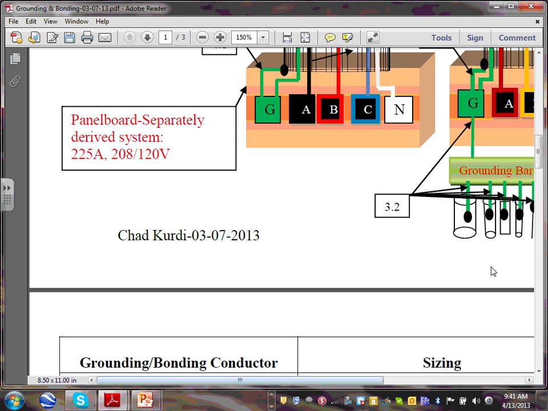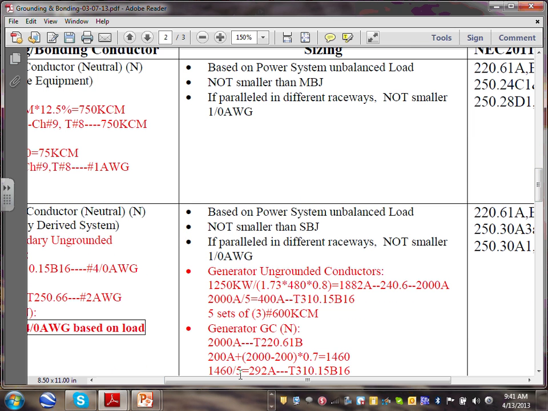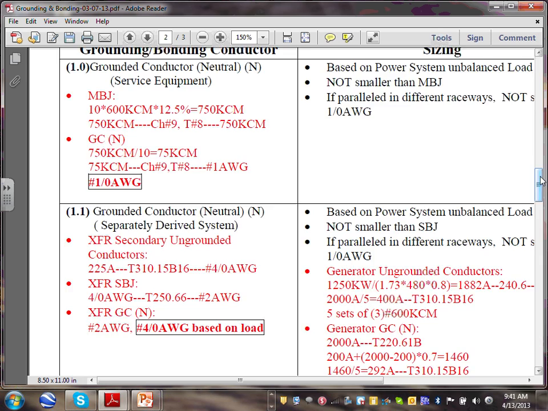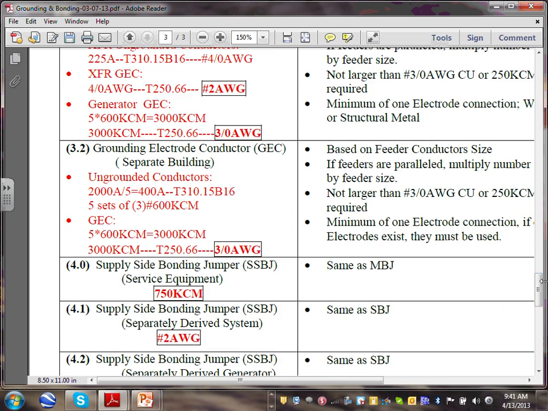So let's go to 3.2, guys, if you don't mind. That's really the only difference here. Go to 3.2 to size the grounding electrode for the second building. So here's my 3.2: grounding electrode conductor, separate building. You size it exactly like the service, based on the ungrounded conductors.